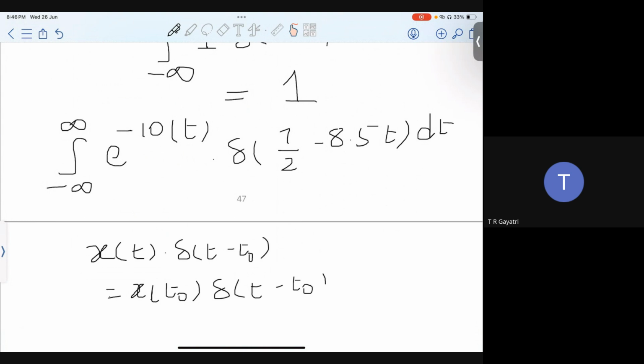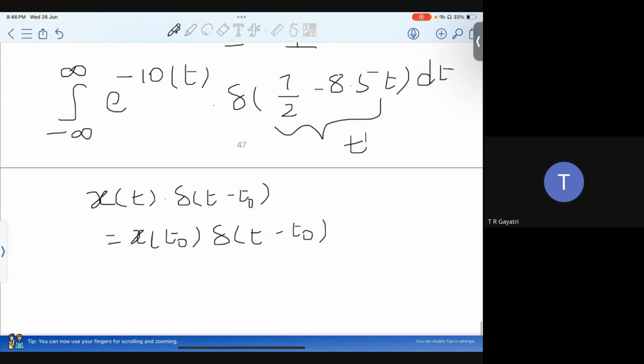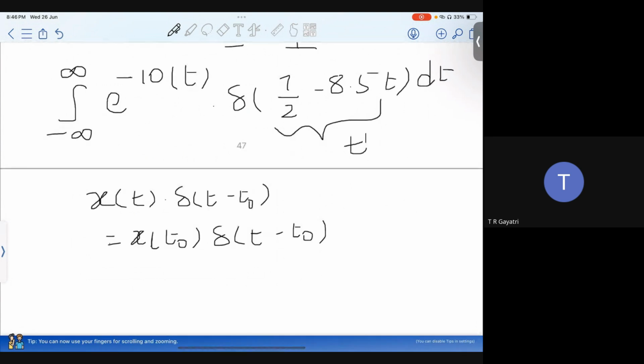This is the property that you know. But the given delta function is not in this nicer form. It is not in t minus t naught form. Now you have to get it somehow in t minus t naught form. How can you get it? Call this expression some t prime.